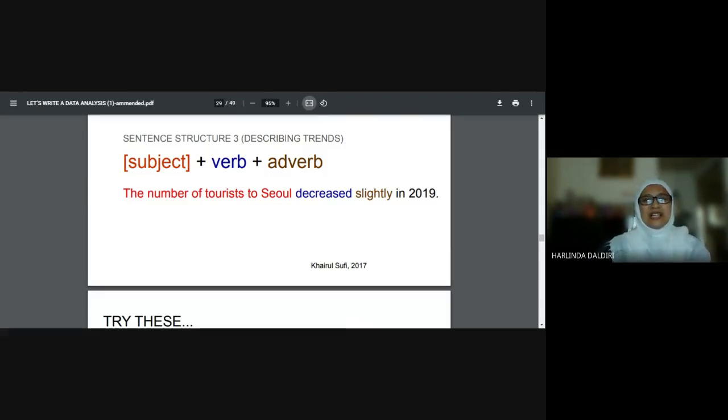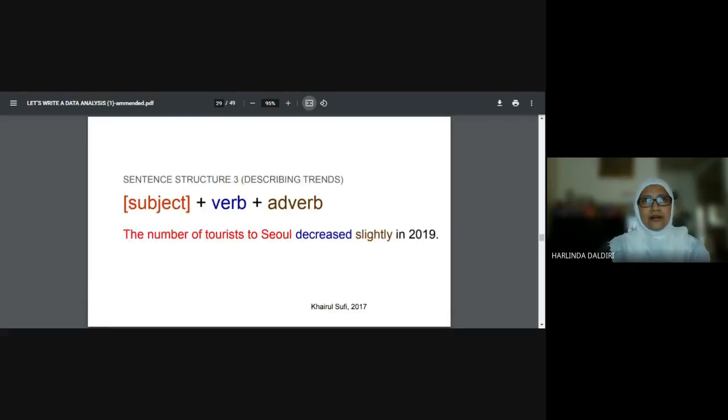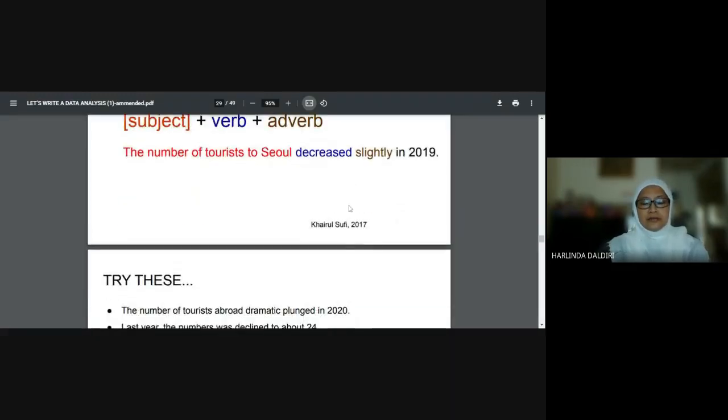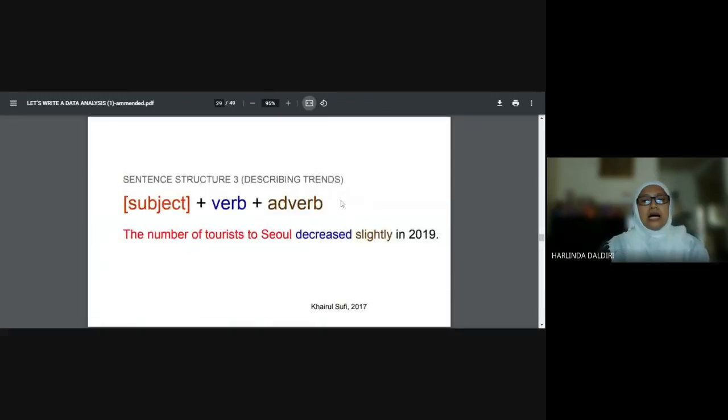In task 1 this is also very important that you know and understand tenses. It doesn't matter whether it is task 1 or task 2, you have to know your tenses: past tense, present tense. Maybe if you want to use "has decreased", that is also acceptable.